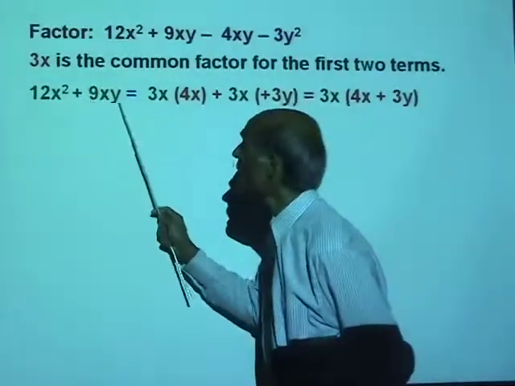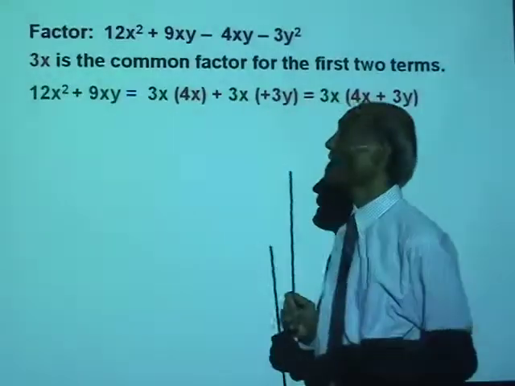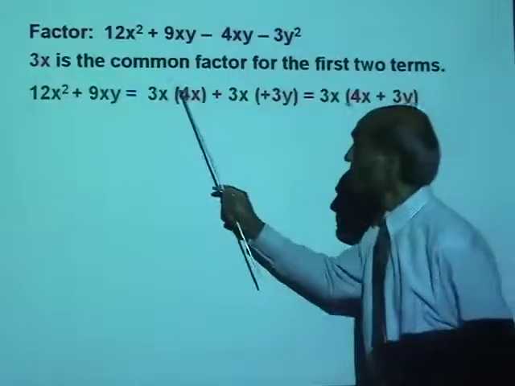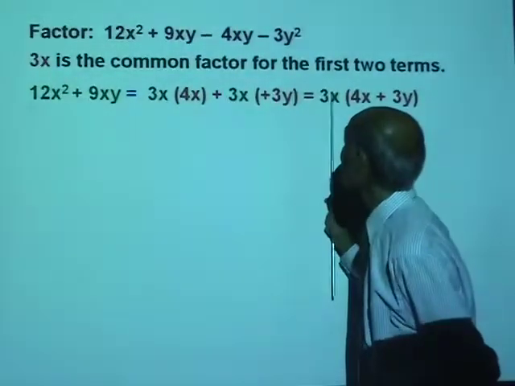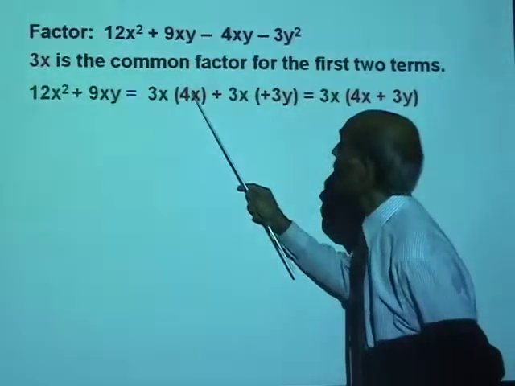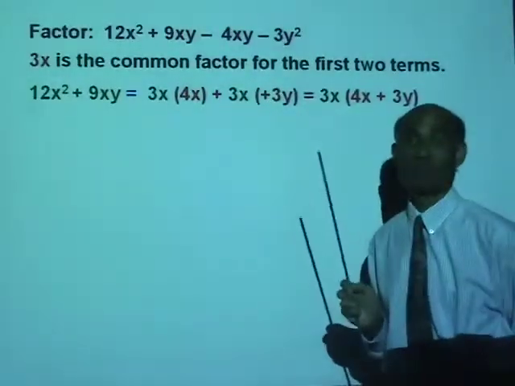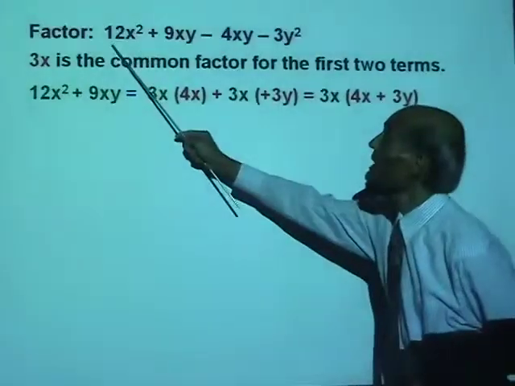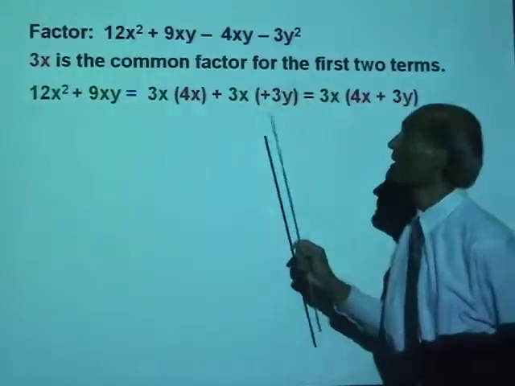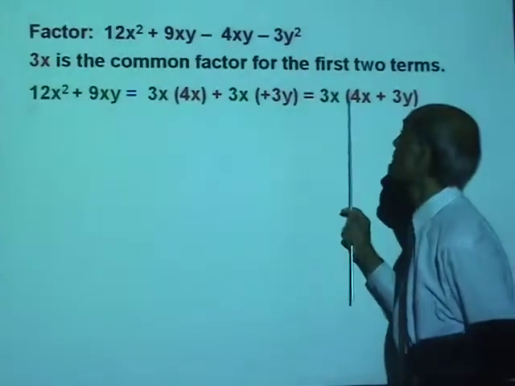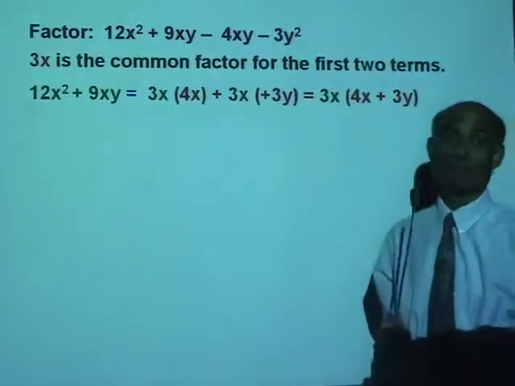Plus 9xy is 3x times positive 3y. Factor out the 3x. 3x comes out, leaving a 4x plus 3y inside the parenthesis. So the first two terms, 12x squared plus 9xy, now becomes 3x multiplied by 4x plus 3y.